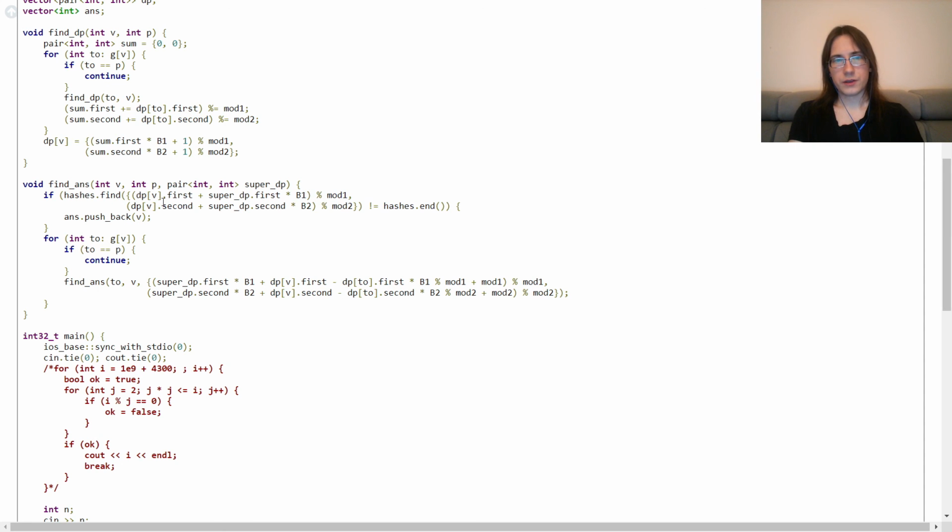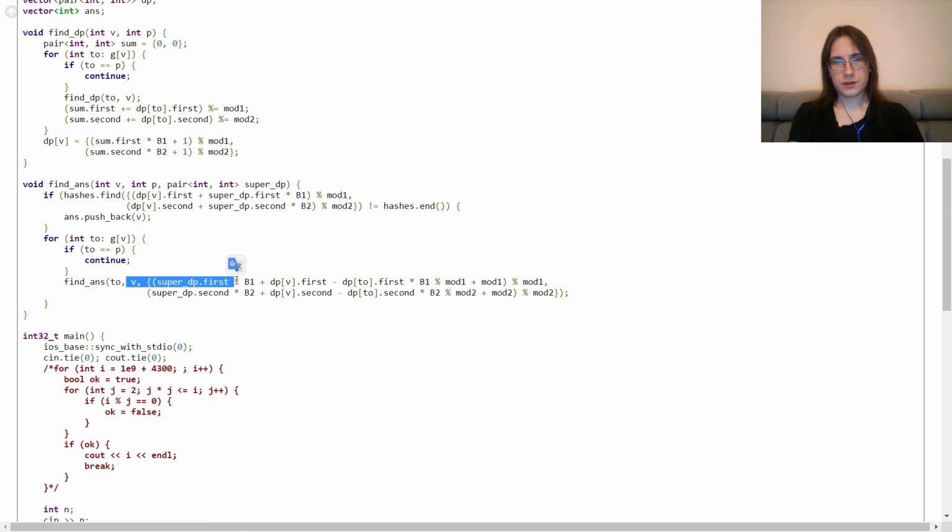Here I recalculate the dp of v if the supertree was just another son. So I add super dp times B to dp of v and find such hash in the set of all allowed hashes. If I find such hash, I add v to the list of good vertices.